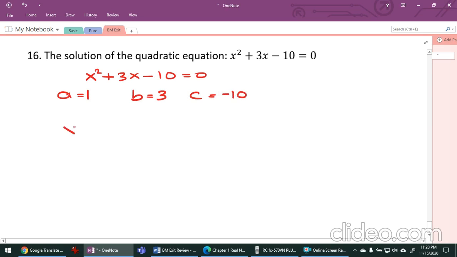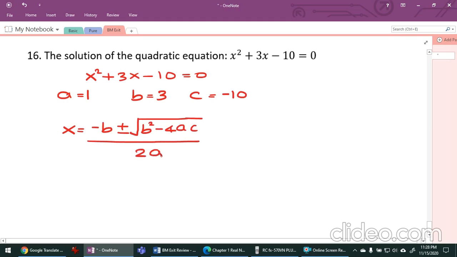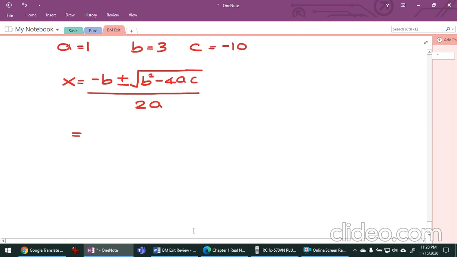Now the rule is x equal to minus b plus or minus square root b square minus 4ac divided by 2a. Now you have to put the values there. Okay, put the values of a, b and c. So minus b is 3 plus or minus square root.